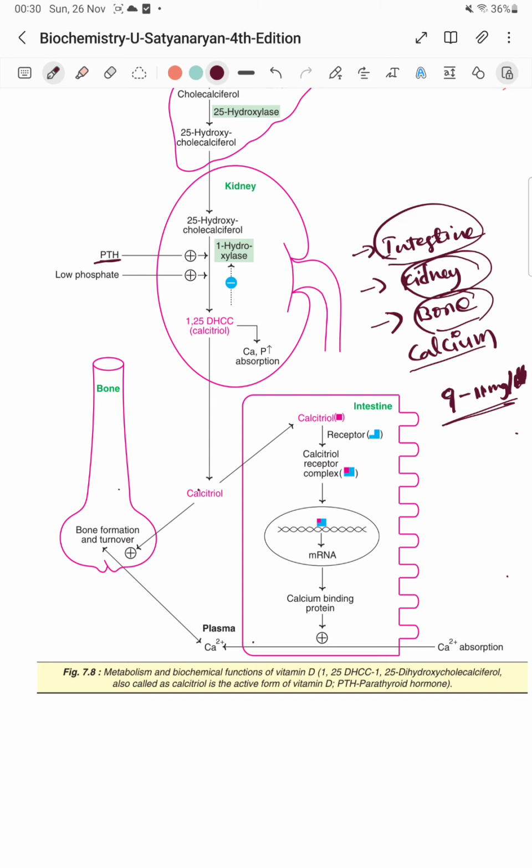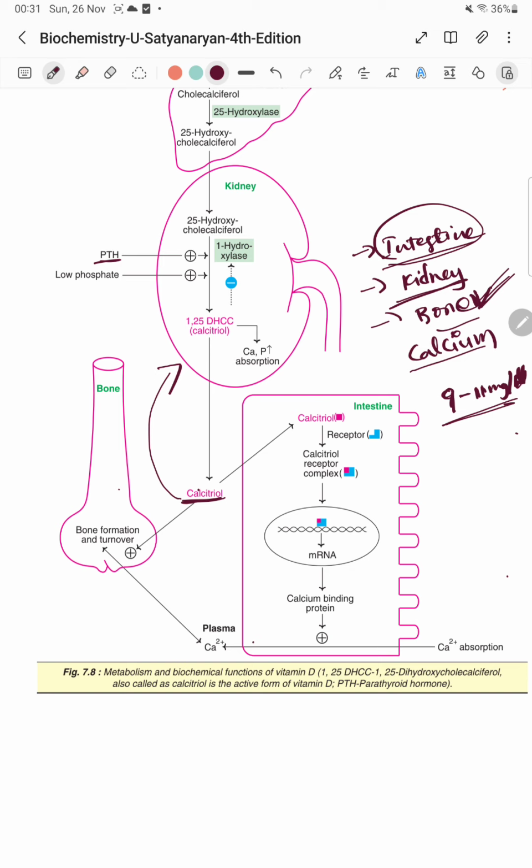So these are the two functions on the bone, and on the intestine there is one function. Now the third organ is the kidney. As I already told you initially while I was explaining, vitamin D acts on three spots. First is intestine, I already explained, and bone we have also already explained, and now kidney is left. So what is the function of calcitriol on kidney? We are going to see now.